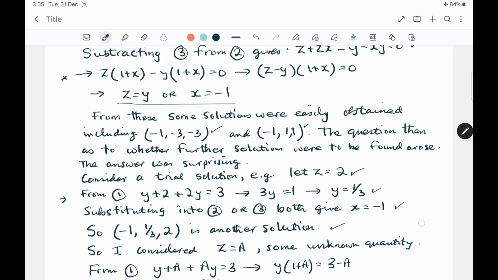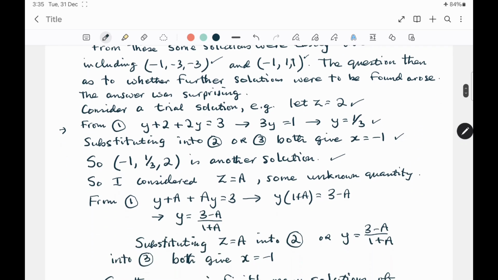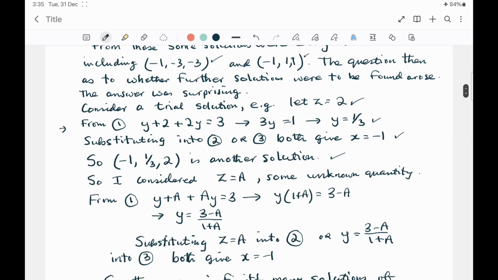So we're down to there. Now the obvious thing to do was to consider z equal to some random number, which I've called a, and then repeat the process which I've already gone through. In equation 1, y plus ay is 3.